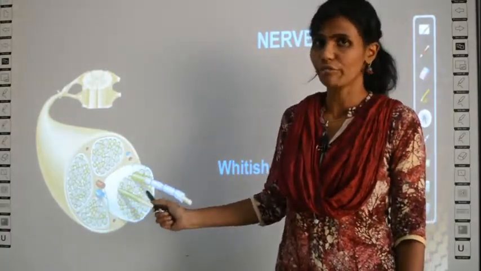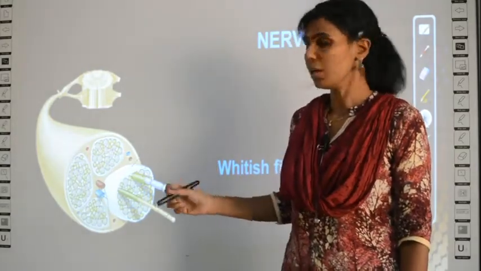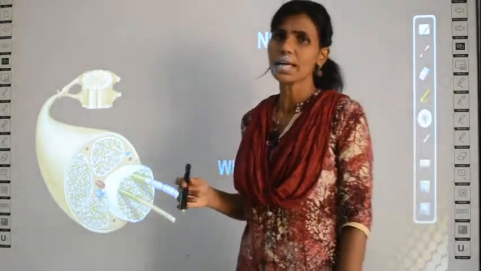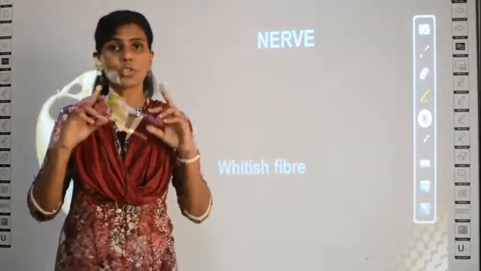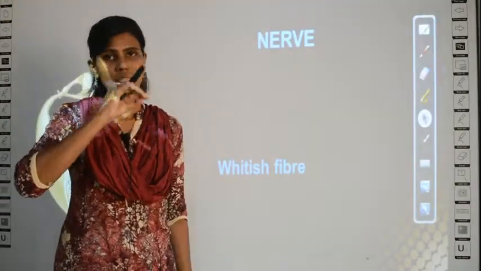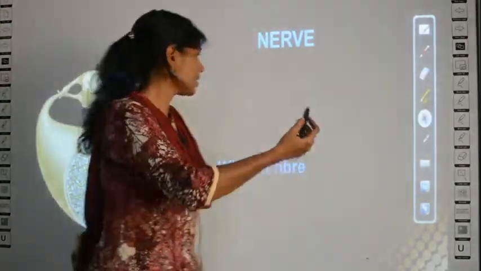It is a complicated structure made up of many axons. Have you heard this word axons? In your last class, when you studied the structure of a neuron, you learned that a neuron has an axon, a long tail-like structure, right?